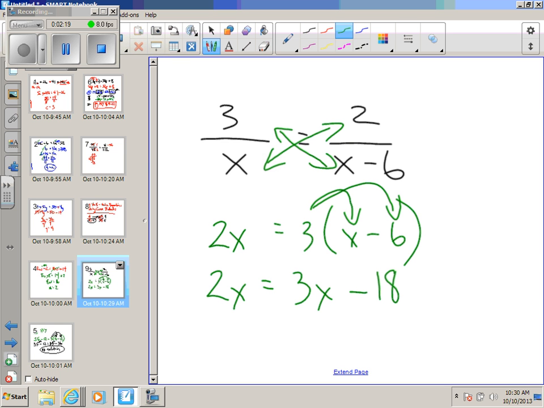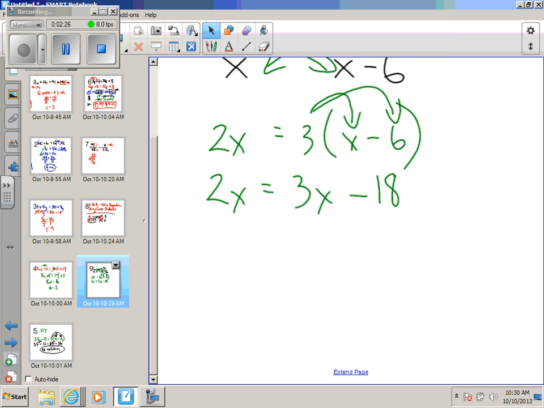Now, here it's up to you. I think that we don't really need to worry too much about the bigger one, the smaller one. I have a 3x here with a negative 18. Let's just move the 3x. So subtract 3x from both sides. What is a 2x minus a 3x? Negative x.